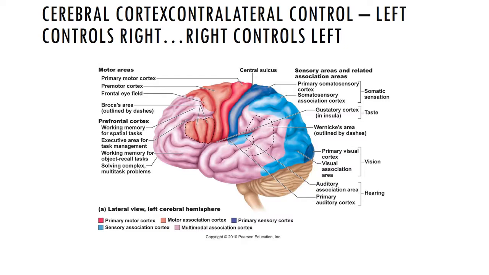There is a general interpretative area, which is also called the posterior association area, and this area encompasses parts of the temporal, occipital, and parietal lobes of one hemisphere, usually the left.